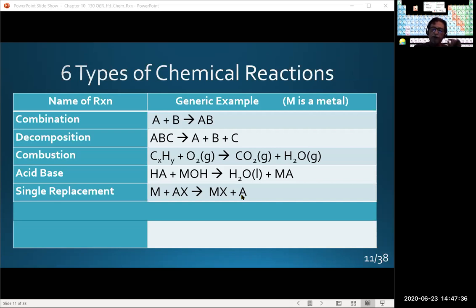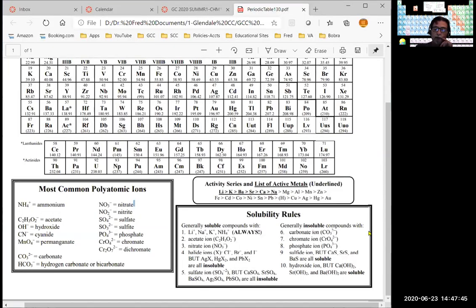Now, how is this going to work? Well, let me send you back to our periodic table. Okay. Here's our infamous periodic table that we really rely on quite a bit. On the periodic table, right above the solubility rule, we have what is called the activity series. I just highlighted it with the blue box. Okay.